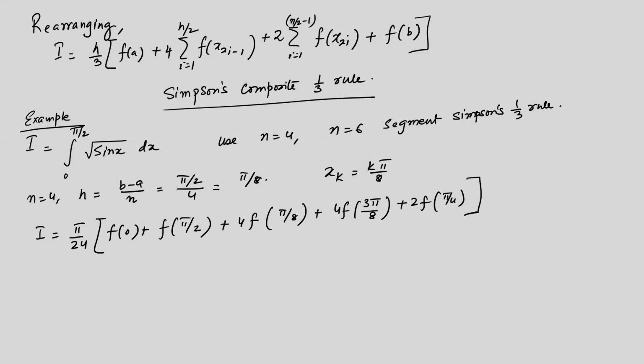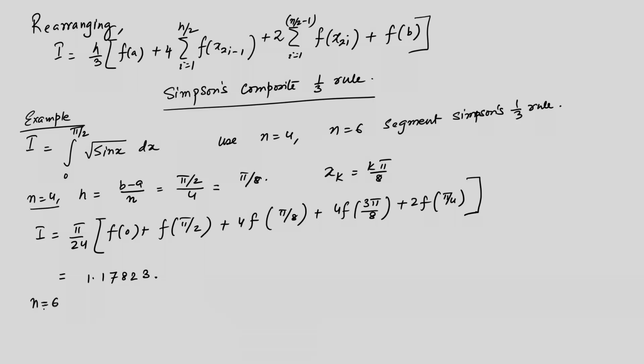If you put these things in carefully and do this, f 0 is square root of sine 0, so sine 0 is 0 of course, and then for pi by 2, sine pi by 2 is 1, so root of 1 is 1 and so on. I am skipping those intermediate steps. This comes out as 1.17823. So, this is for n equal to 4.